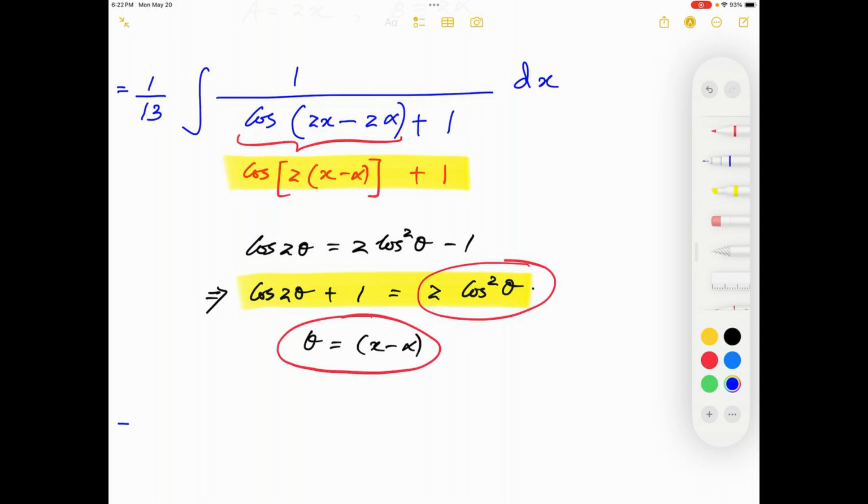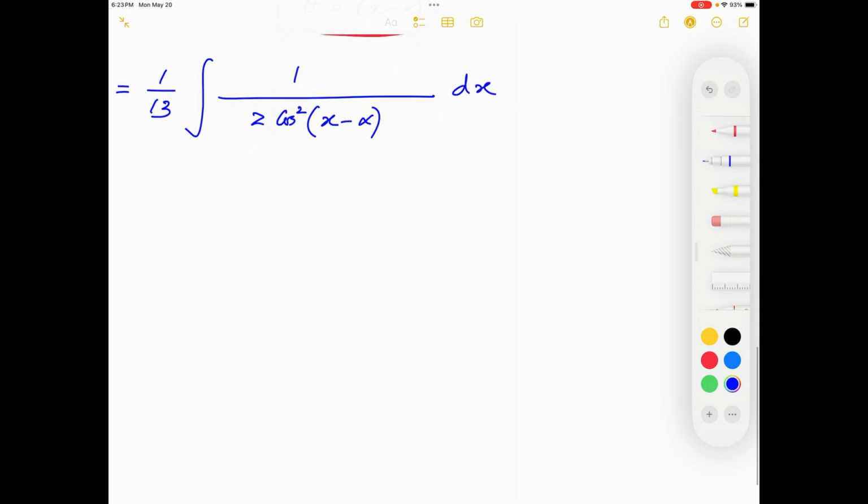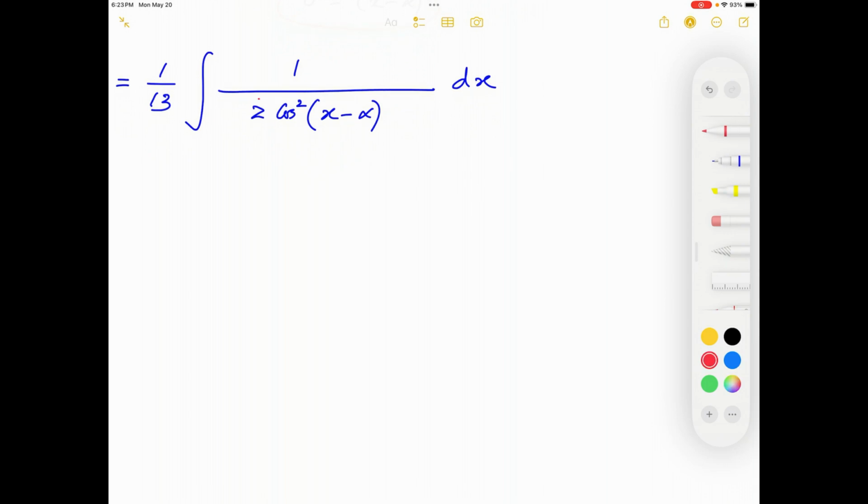Then the integral now becomes 1/13 integration 1 over 2 cosine squared theta, where theta is equal to x minus alpha. And then we have dx. Alright, what I'm going to do next is write this 2 outside by combining it with the 13 in the denominator outside of the integral.